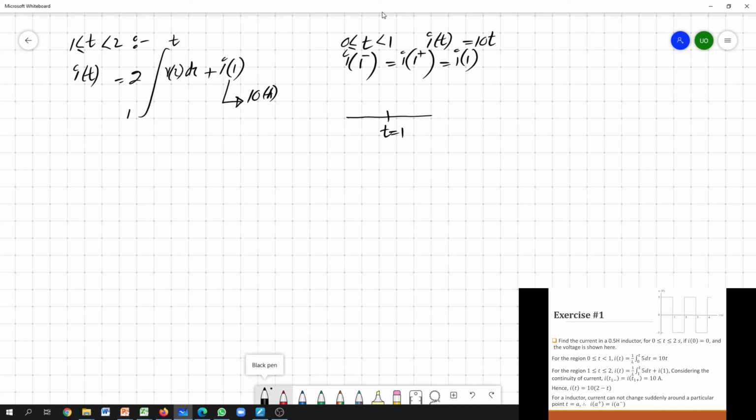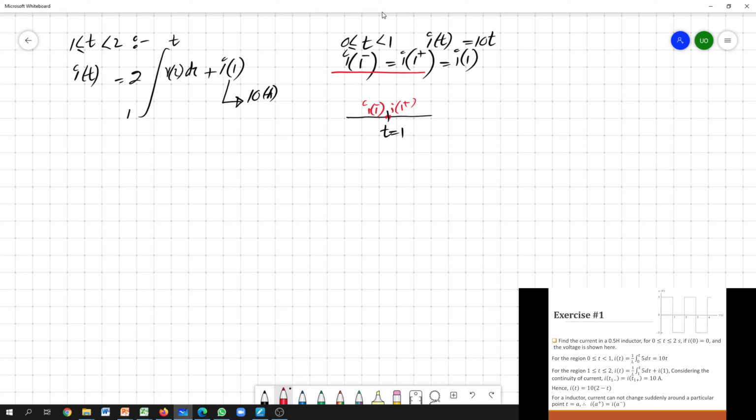The current very near to this is I1 minus, and this is I1 plus, and the exact value at t equals 1 is I1.